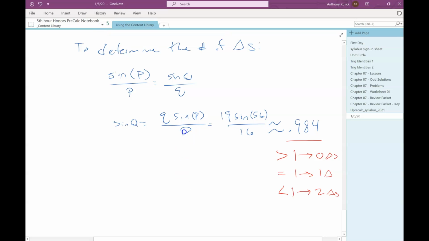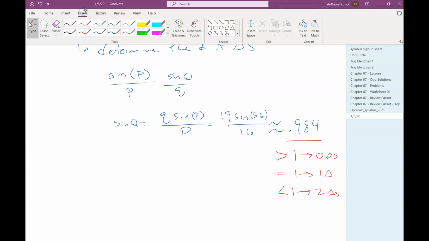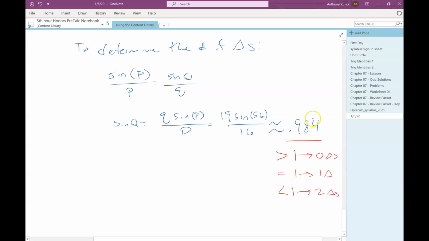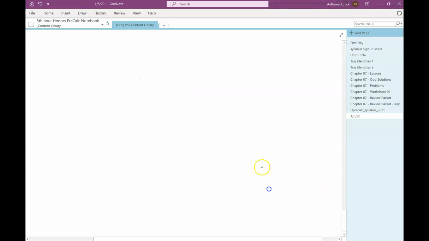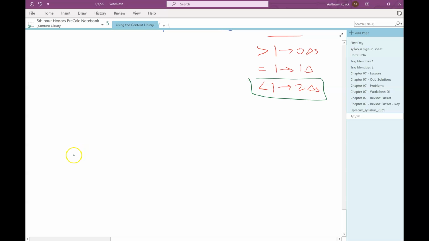So let's continue solving this now, since we've determined that we are in this situation. The way I like to do this is I'm going to just make 2 separate columns, one for each triangle, and kind of do the work for each of these situations in its own separate column.